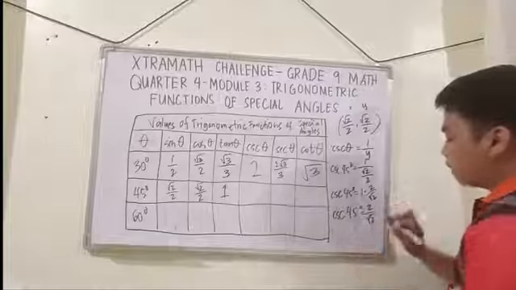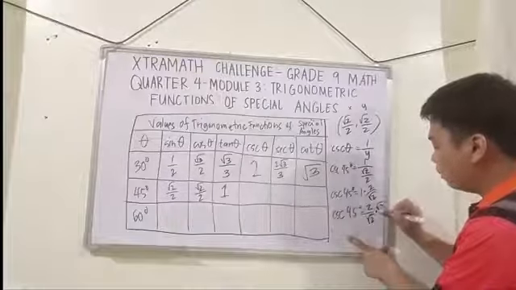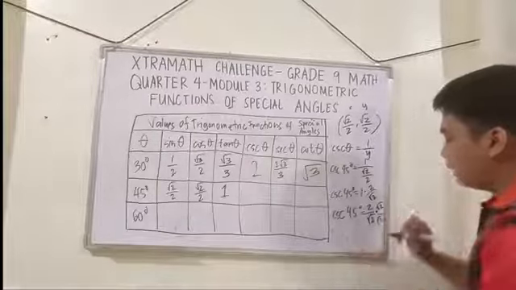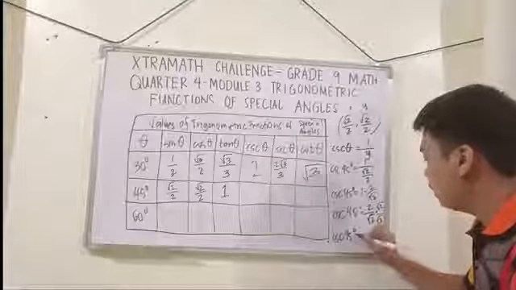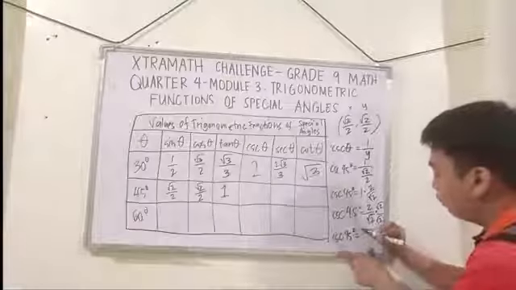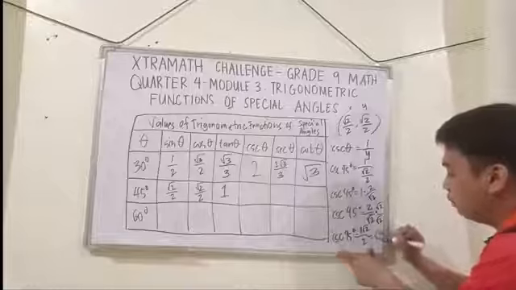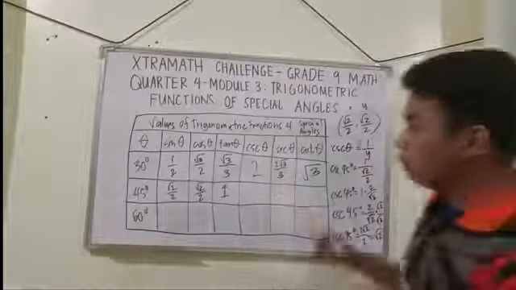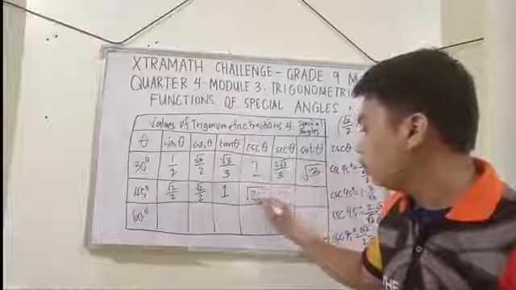And if you're going to rationalize 2 over square root of 2, by multiplying square root of 2 to the numerator and denominator, cosecant of 45 degrees is equal to 2 square root of 2 over 2, or that is simply equal to square root of 2.